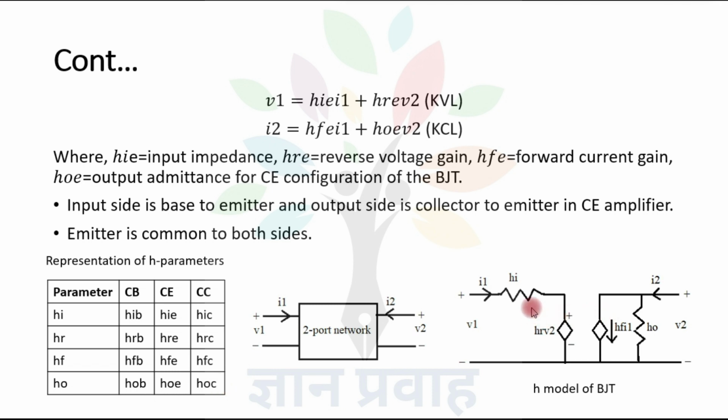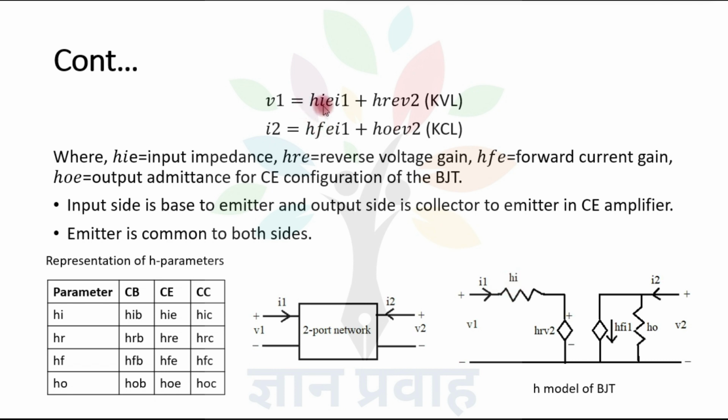The H model of BJT is given here. This model is valid for common base, common emitter and common collector configurations. V1 equals HIE I1 plus HRE V2. It means on the input side we must apply the KVL equation, so this equation must be verified in the input loop. I1 is the current, that is the input current.